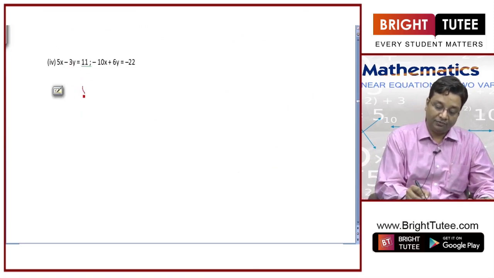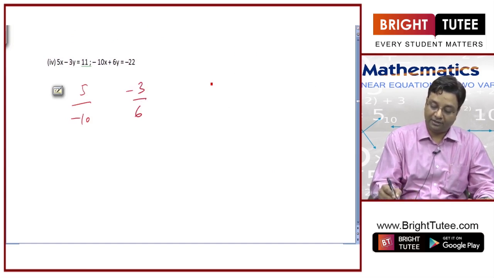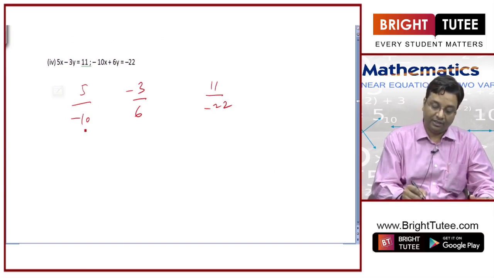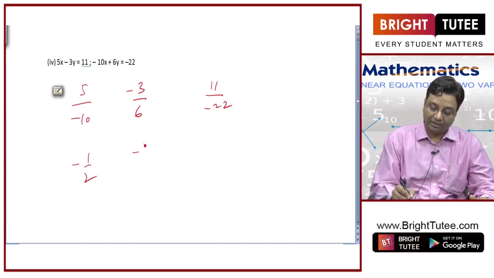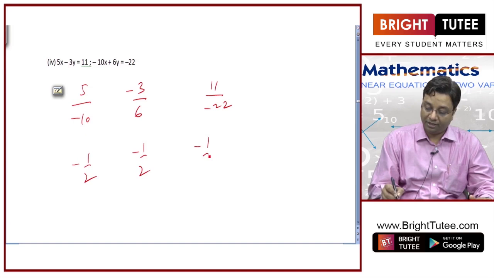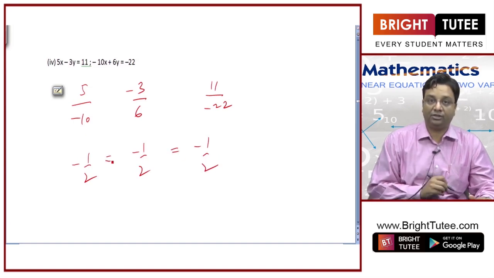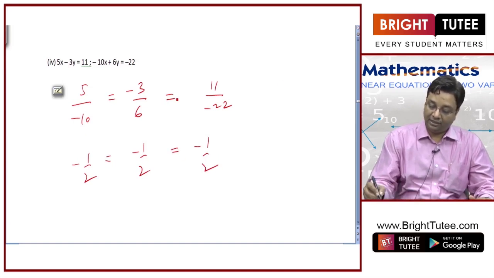Look at these, 5 by minus 10, minus 3 by 6, 11 by minus 22. So by cancelling these, you will get minus 1 by 2 here, minus 1 by 2 here, minus 1 by 2 here. So all these three ratios are equal, and these are equal to minus 1 by 2, okay.